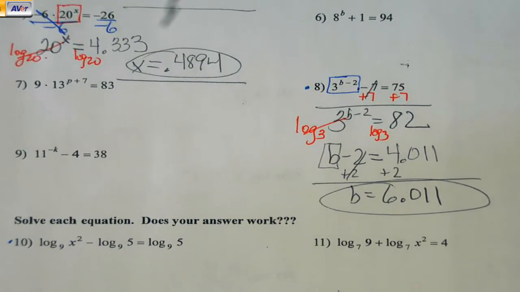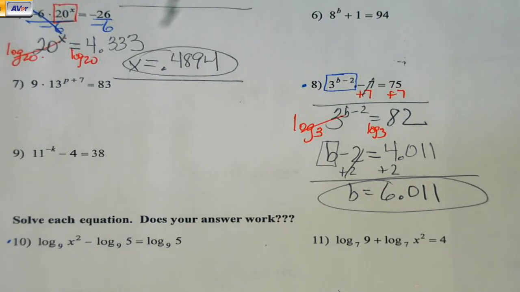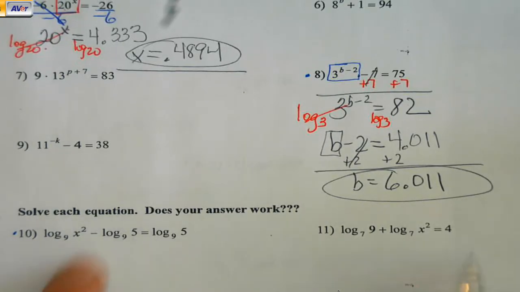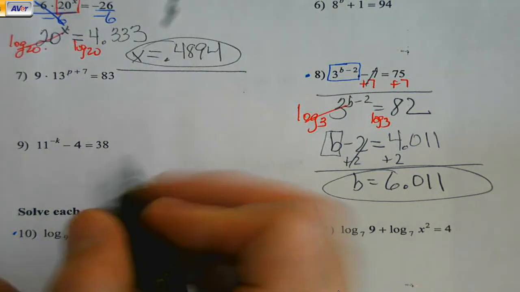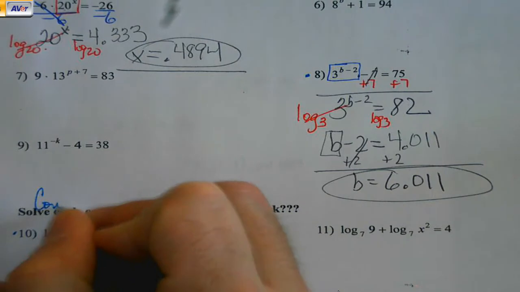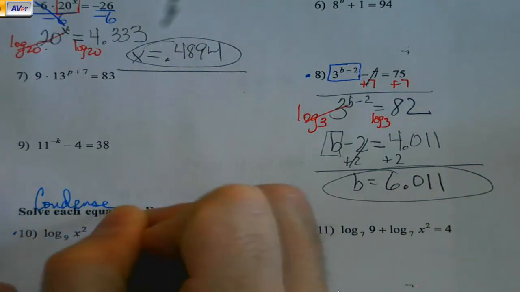Now when I hit the next section, it's a little different. Solve each equation. Does your answer work? I noticed something right away. There's lots of logs here. I can only have one log on a side, and I already heard somebody say the word I'm looking for. We're going to be doing some condensing.